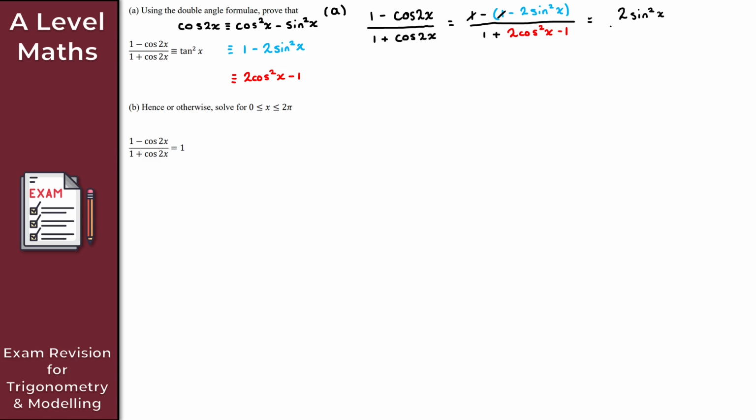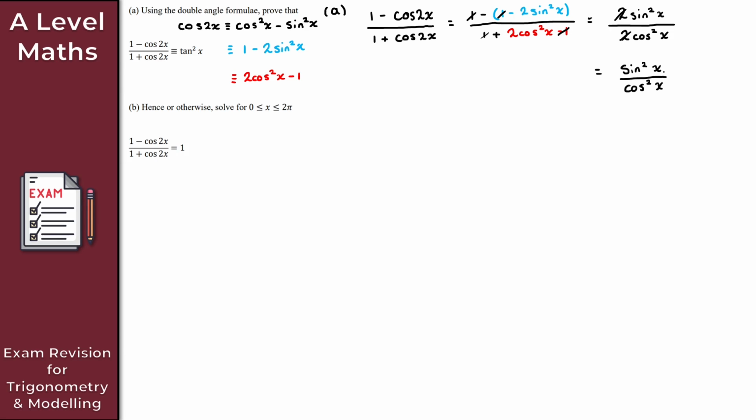Hopefully nice and straightforward there. And this here then is all over, so again, the ones just cancel here. So 1 minus 1, they just cancel. What we get left with here then is 2 cos squared x. Like so. Well, clearly the 2's just cancel here. And what we get left with here then is sine squared x all over cos squared x.